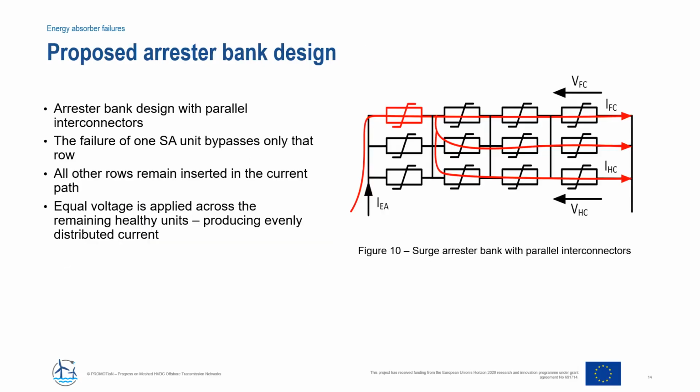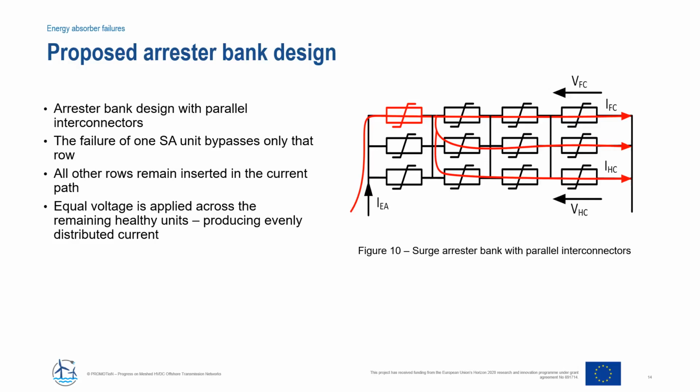To reduce the vulnerability of energy absorbers to single unit failures, a fully meshed energy absorber structure is proposed. In this layout, each row of surge arresters is connected by parallel interconnectors. When a surge arrester fails, that particular row is bypassed on all columns while all the other rows remain inserted in the current path.